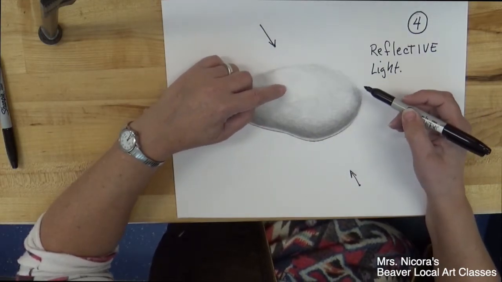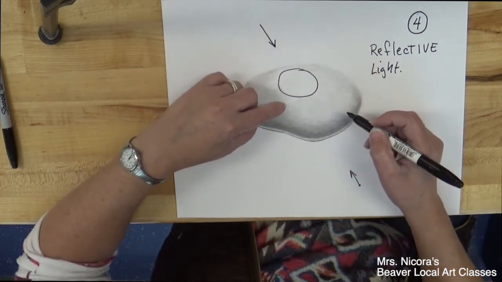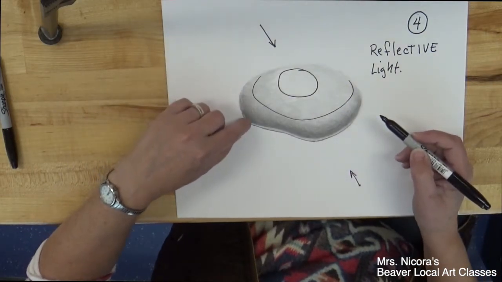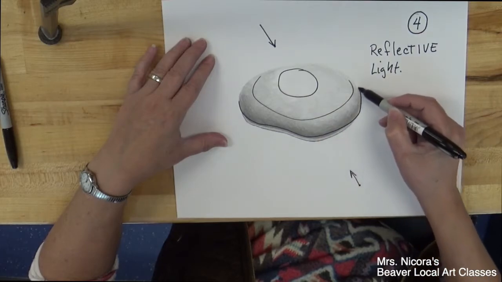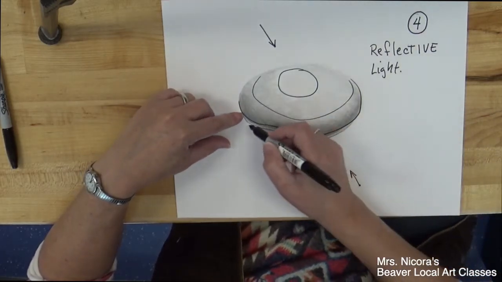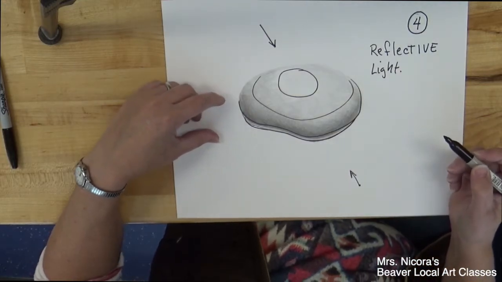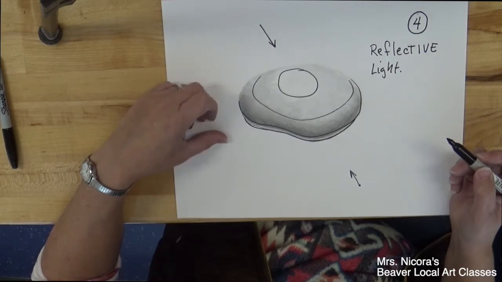We have the highlight right here. We have the mid-tone right in here. We have the shadow edge. And then we have reflective light. All right, so 4 of them are inside the shape.